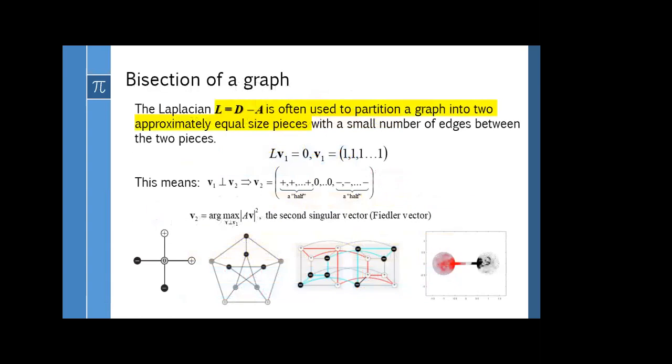I told you that there is a very clear intuition behind such a solution. If I take the first eigenvector of the Laplace operator, corresponding to the major eigenvalue 0, I have some positive vector. It's a Perron-Frobenius eigenvector. Then my second, Fiedler vector should be orthogonal to V1, to this all-positive vector.